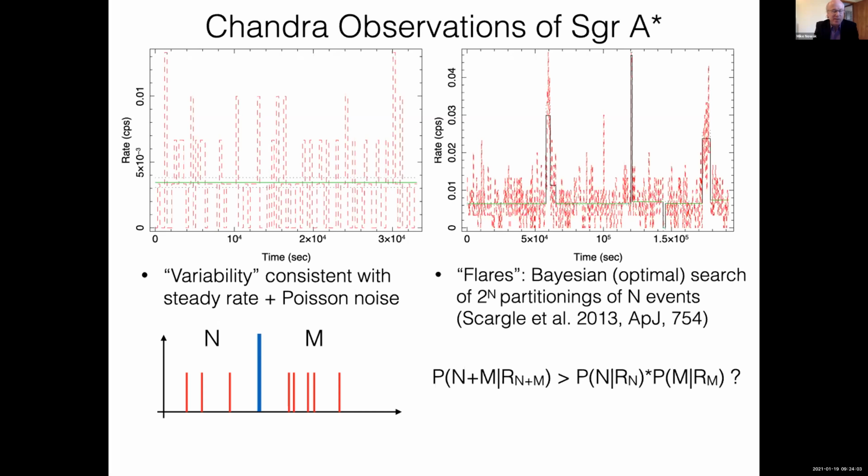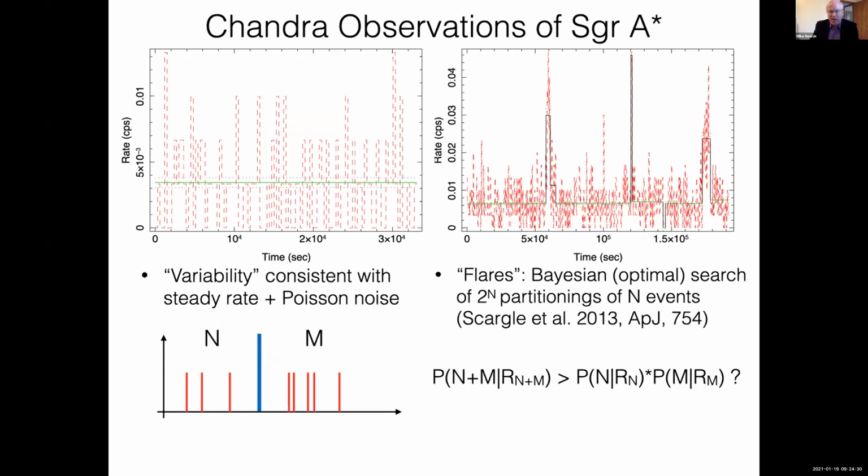This is a method developed by Jeff Scargle from Ames Research Center in California, and he's come up with a clever algorithm. You can imagine if I have n events in this light curve, between any 2 events I can put a partition and answer a yes/no question: does my rate change across this partition?